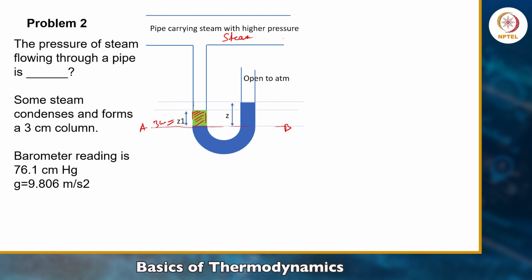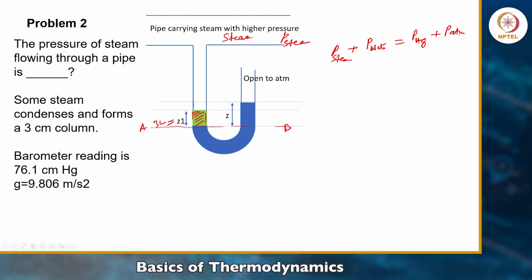Left hand pressure, if this is P gas, so P gas plus your 3 centimeter water column height. Gas or steam? I should not write gas, rather P steam, equals right hand side pressure, P Hg plus P atmospheric pressure.